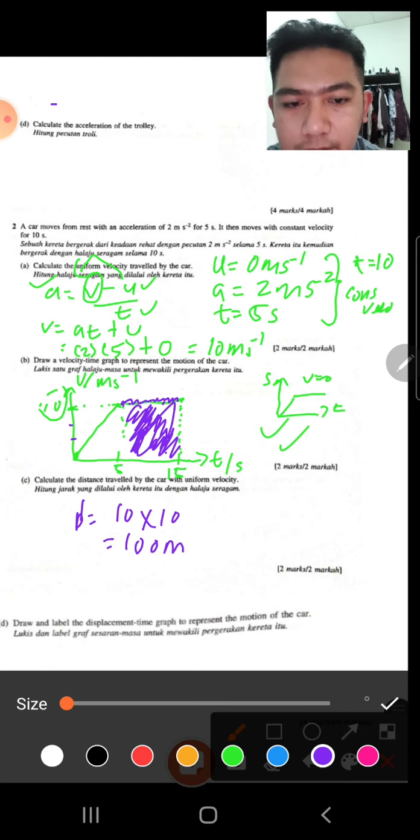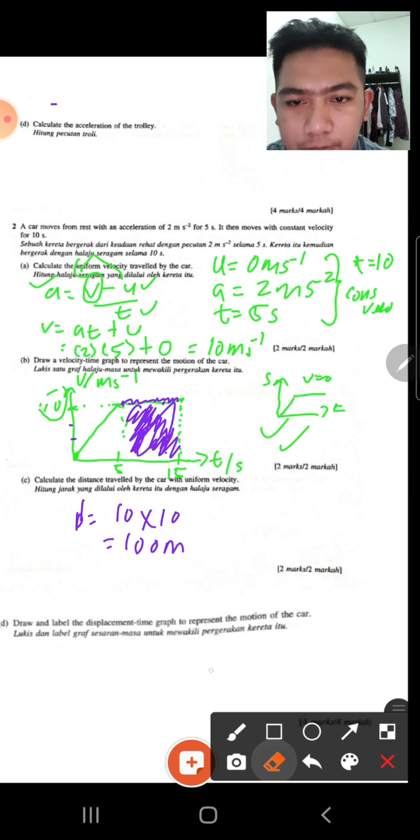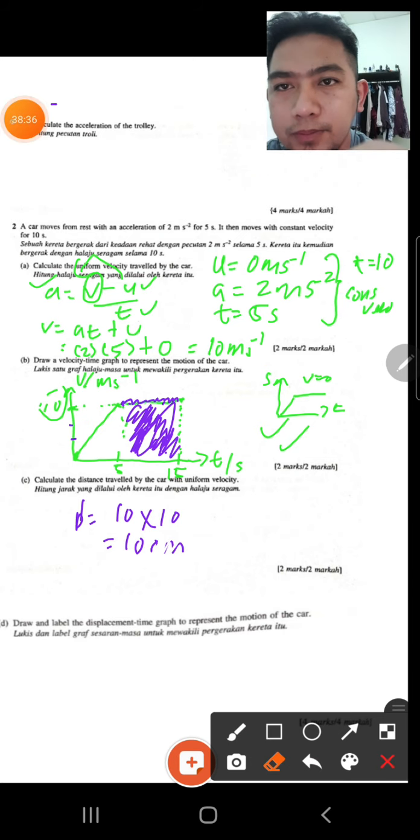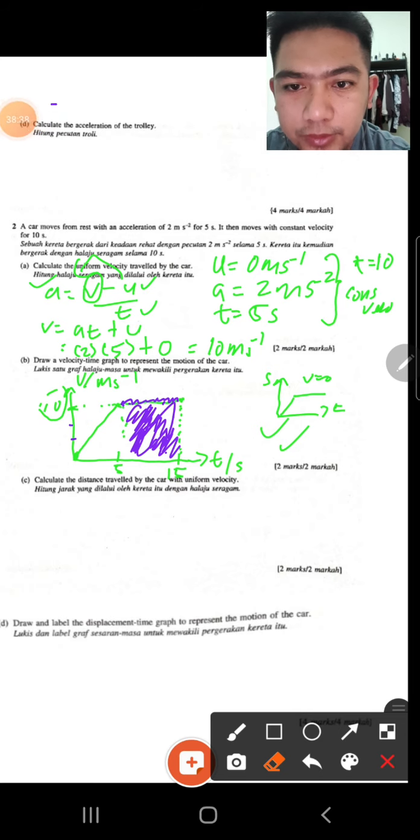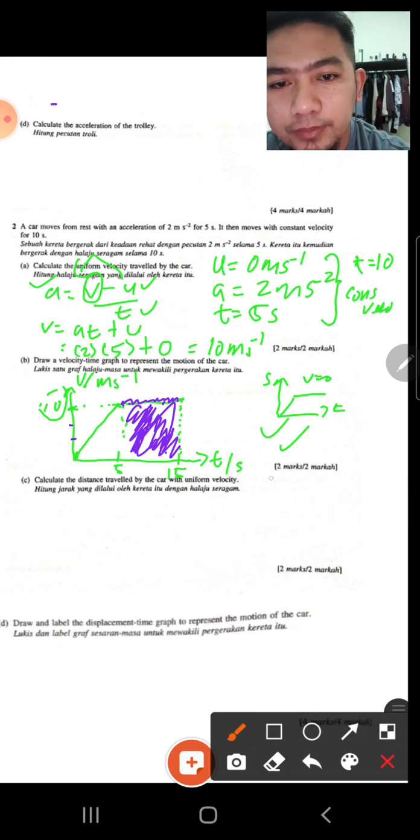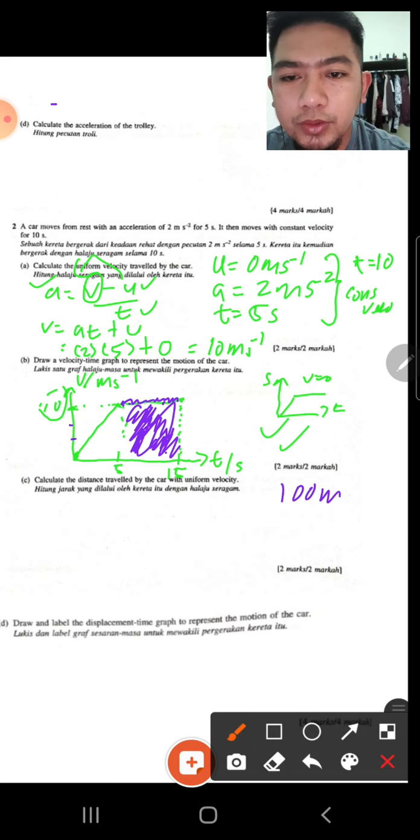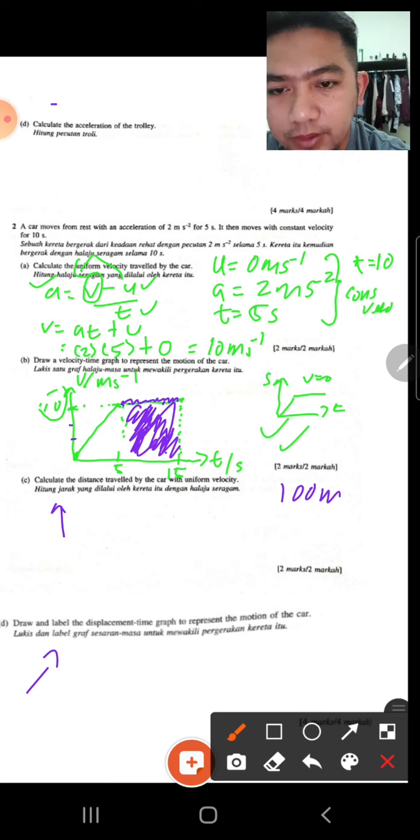Teacher erased the earlier calculation. So the answer earlier was 100 meter. Now we must draw the displacement time graph. I draw it above. Here is T, time, the unit is second. Here is S, displacement, the unit is meter.